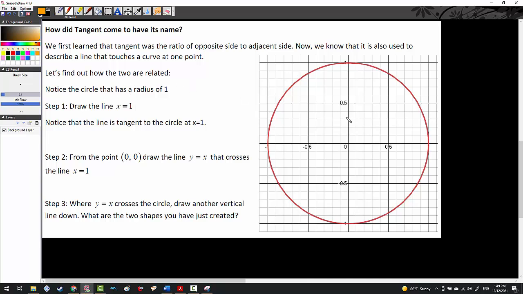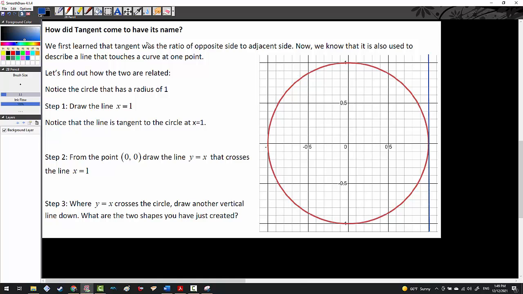Look at this circle to the right, which has a radius of 1. I'm going to start by drawing a line, x equals 1, which is going to be a vertical line. I'll draw it in blue so it stands out. Right there, there's my tangent line.